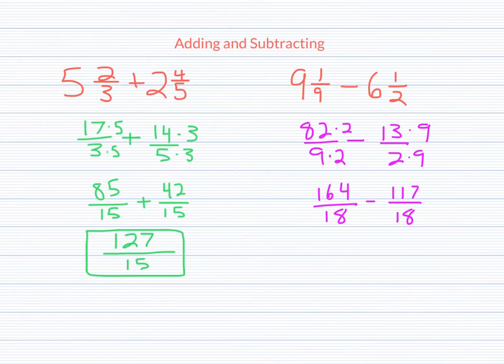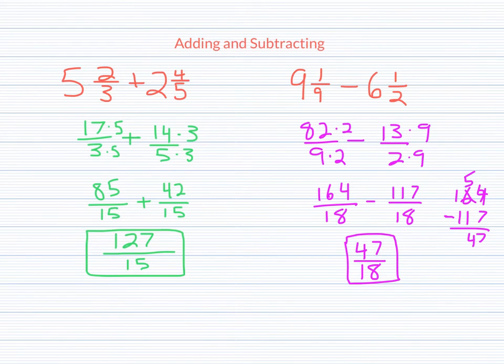And then we just have to subtract those, so 164 minus 117 is 47, so 47/18 is our answer, and again, we cannot simplify that.